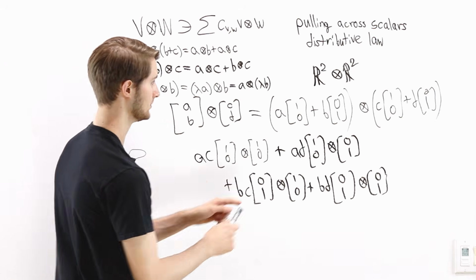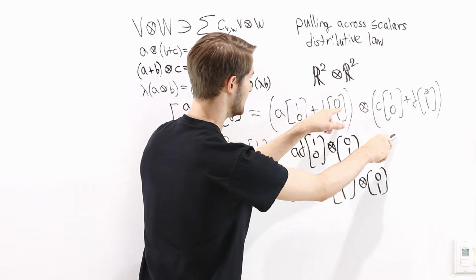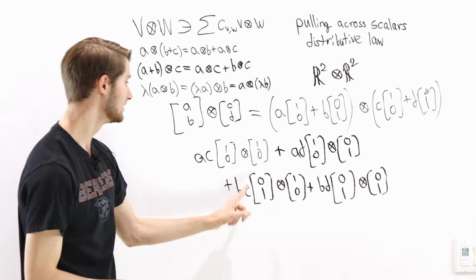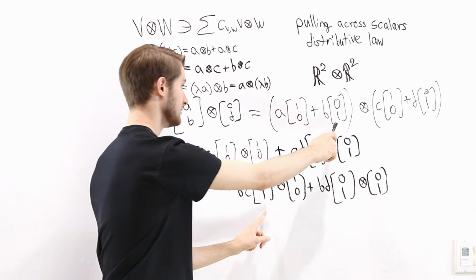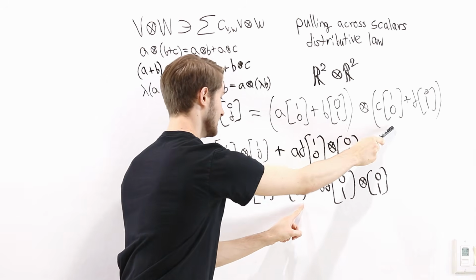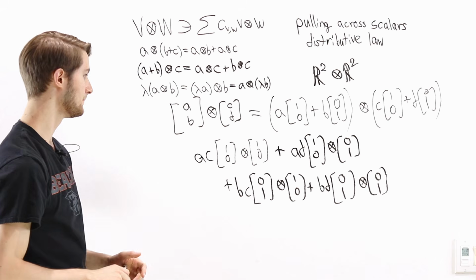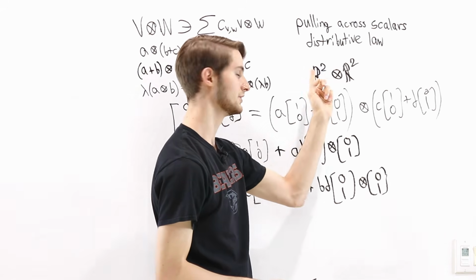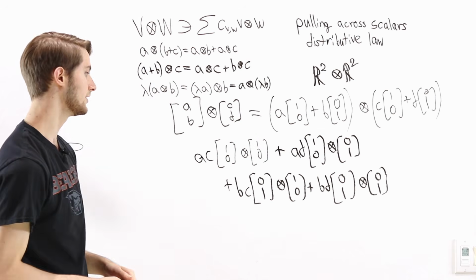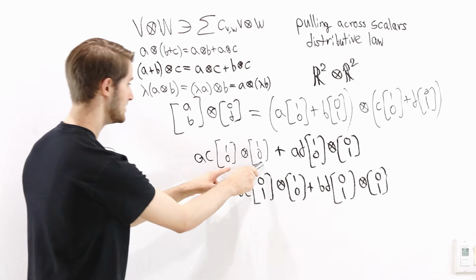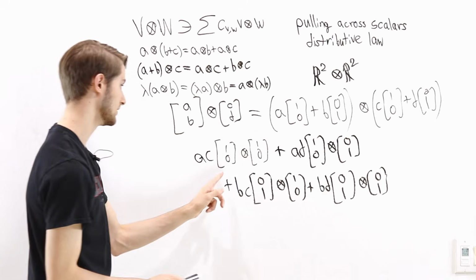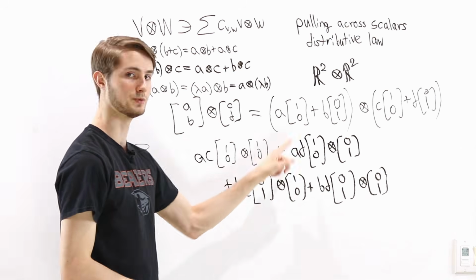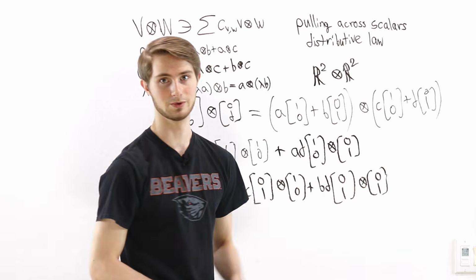So, for example, when we take b(0,1) tensor c(1,0), we do have to leave it as bc (0,1) tensor (1,0), because that's the order they appeared in the original tensor up here as well. So what we've shown here is any tensor in R2 tensor R2, we can expand it out as a linear combination of these four tensors here. (1,0) tensor (1,0), (1,0) tensor (0,1), (0,1) tensor (1,0), and (0,1) tensor (0,1).